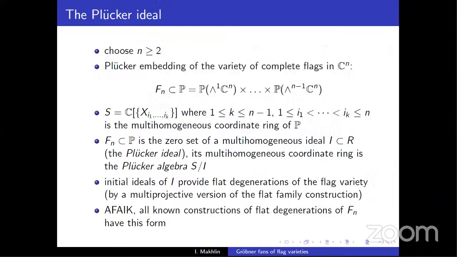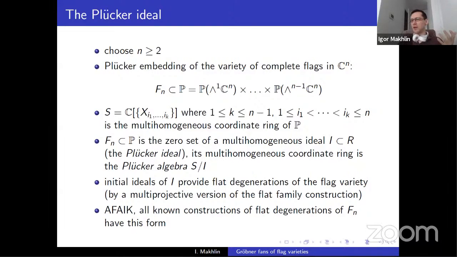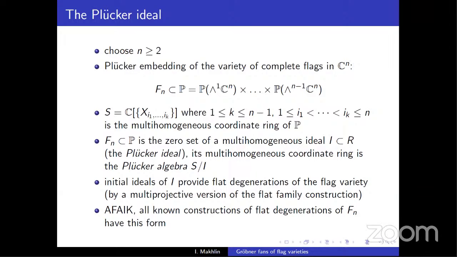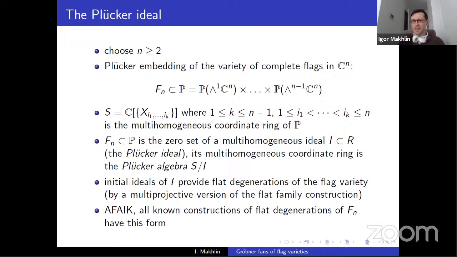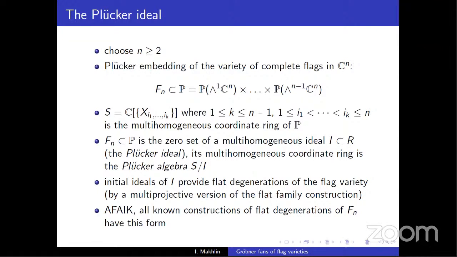And do you have examples where you can describe in some other way the degeneration of some well-known variety, even other than a Gröbner degeneration? No, I do not. This is a very interesting problem, which I have asked various people.